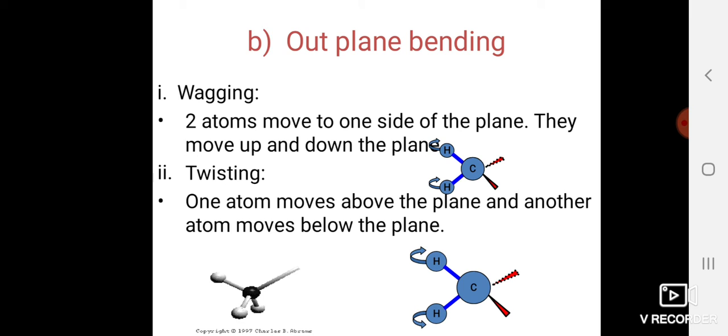They do not happen simultaneously, so they move in opposite directions: if one is coming above, the other goes down.